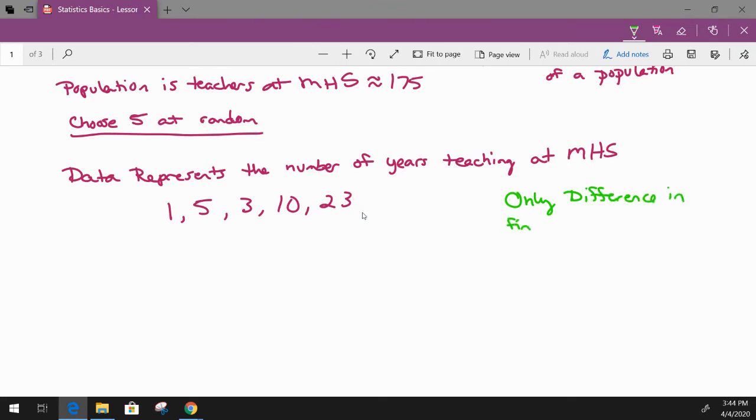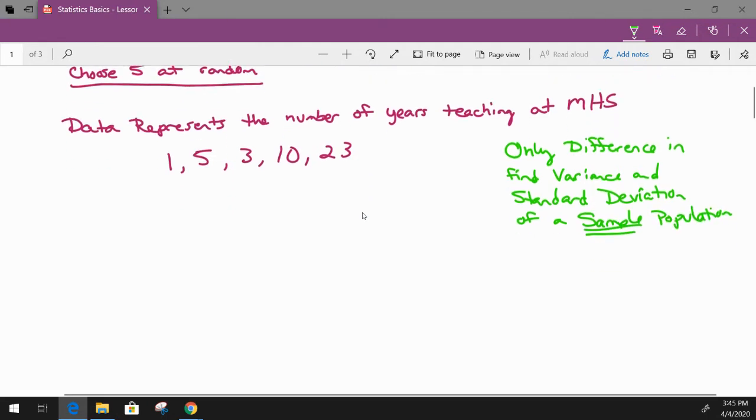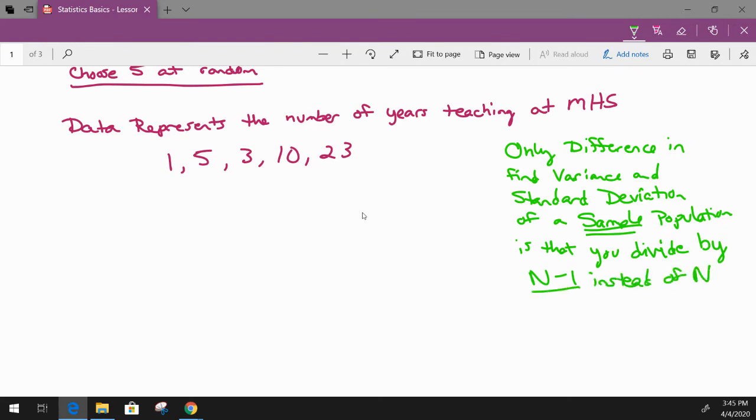So the only difference is that in finding variance and standard deviation of a sample population, you divide by n minus 1 instead of n.